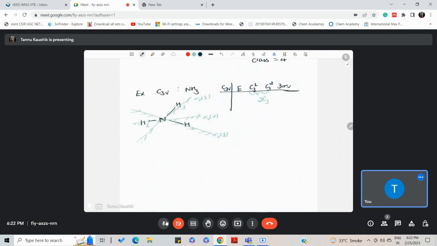So if we write them in the form of classification into classes, they will be written as E, 2C3 and 3 sigma V. So here the order, the total number of operations, is 6, but the class is equal to 3. And also please note that all the point groups that do not have an axis higher than a twofold axis of rotation are abelian.